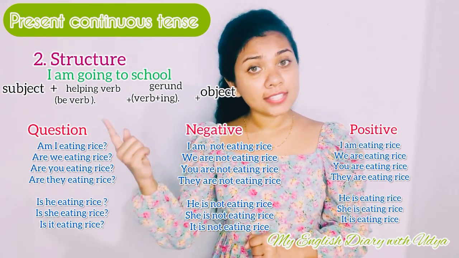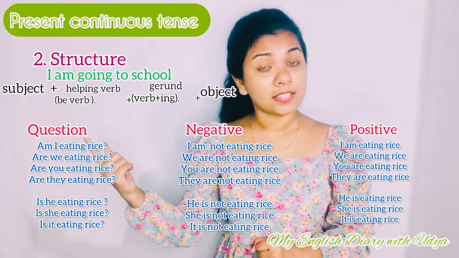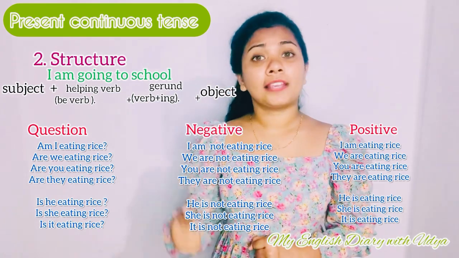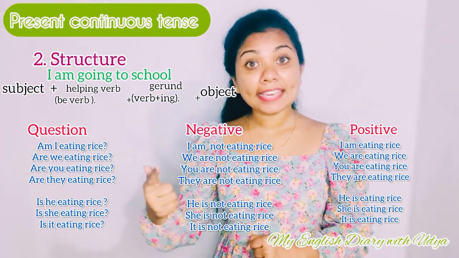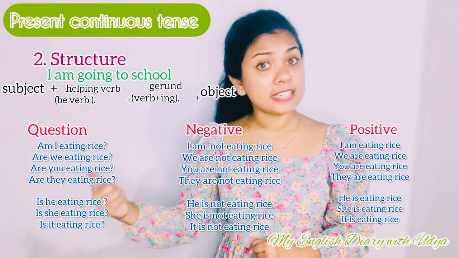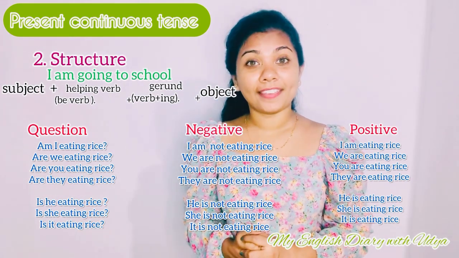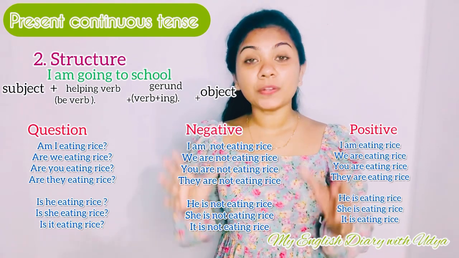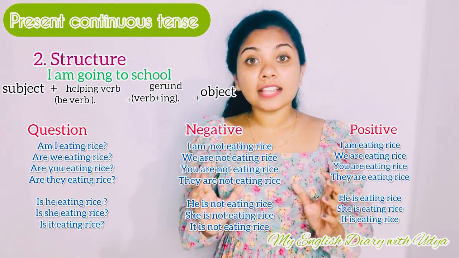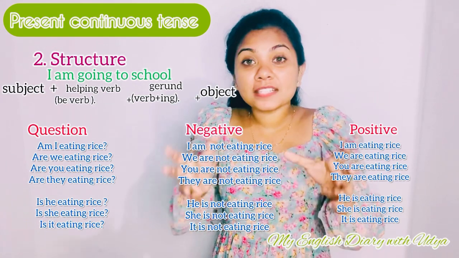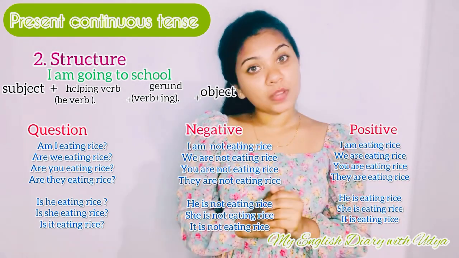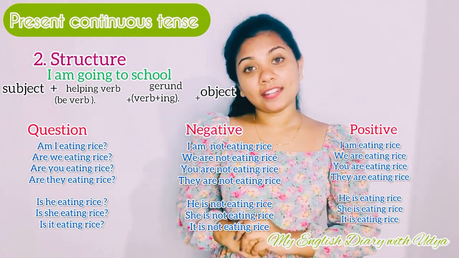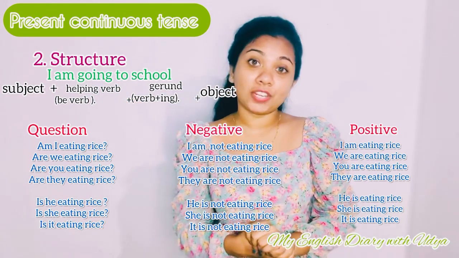Are we eating rice? Are they eating rice? For singular: Is she eating rice? Is he eating rice? Is it eating rice? Okay, good. These are the ways we can express present continuous tense in the positive, negative, and question situations.